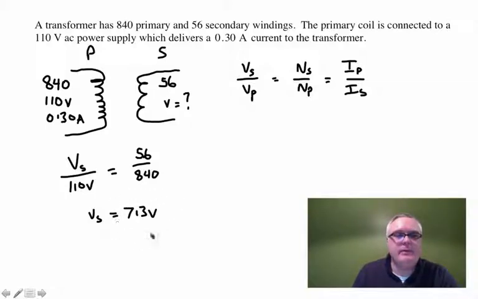So we're going from 110 volts down to 7.3 volts. Very often there'll be a part B to this question which might say, is this a step up or a step down transformer? And again, what they're referring to there is the voltage. Is the voltage going up or is it going down? In this case, because it's going down, we know that this is a step down transformer.